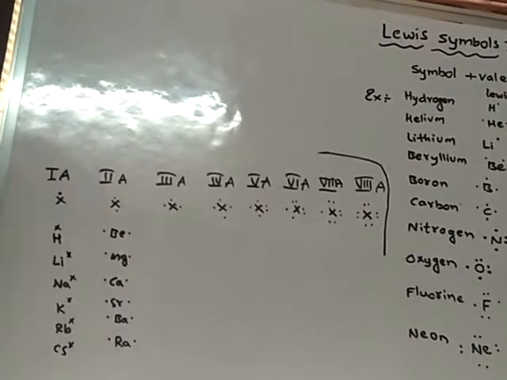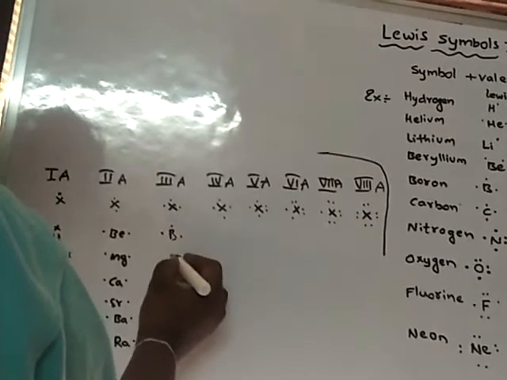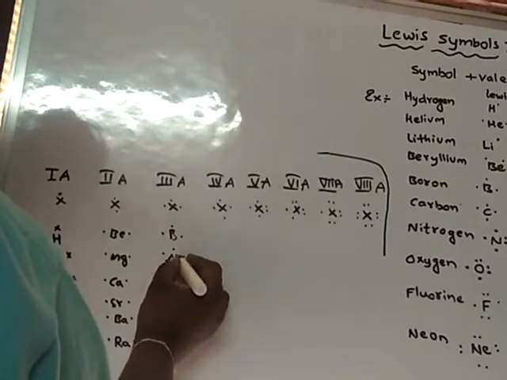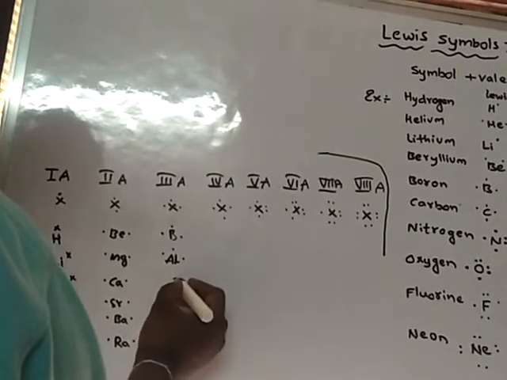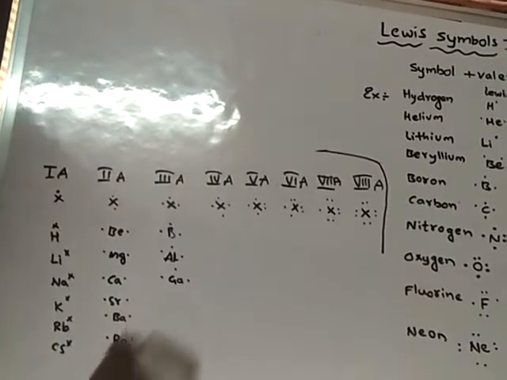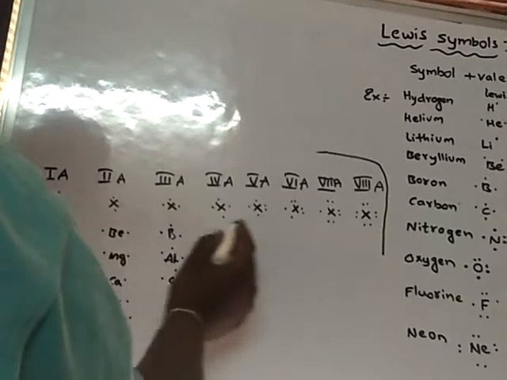Like this. Then third group elements: boron, aluminum, gallium. Like this, carbon. So this is the general way of representation.